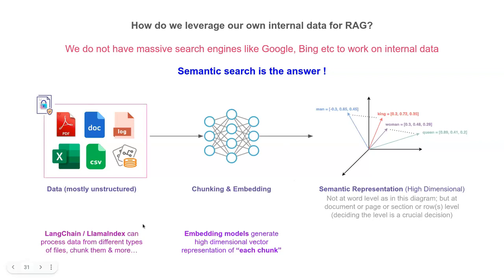Chunking is nothing but splitting the entire text into a smaller number of pieces, and I'll explain embedding in the next slides. Where you can store this semantic representation is something called vector DBs. For structured data, we store in tables like MySQL or an RDBMS. Similarly, for storing vectors, we have vector DBs.